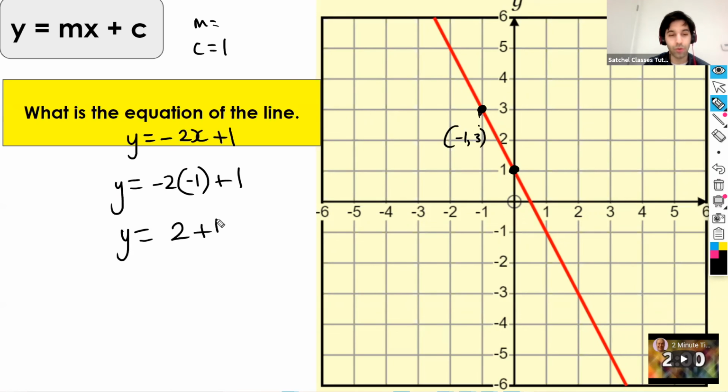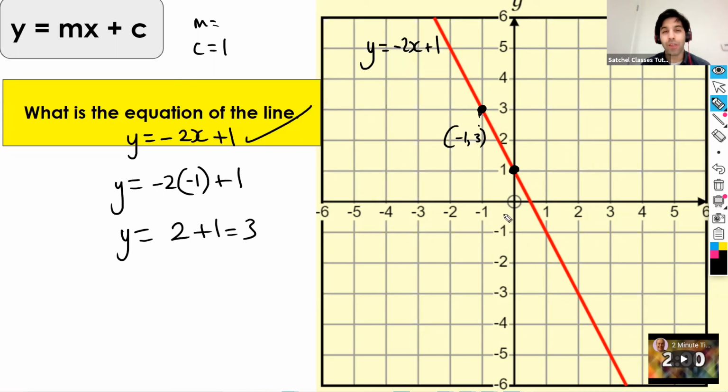So that's going to be 2 plus 1, which is equal to 3. So when x is -1, y is in fact 3. So the equation of this line is also correct. So that will be y equals -2x plus 1. And notice we have a negative gradient because our graph is downwards sloping.